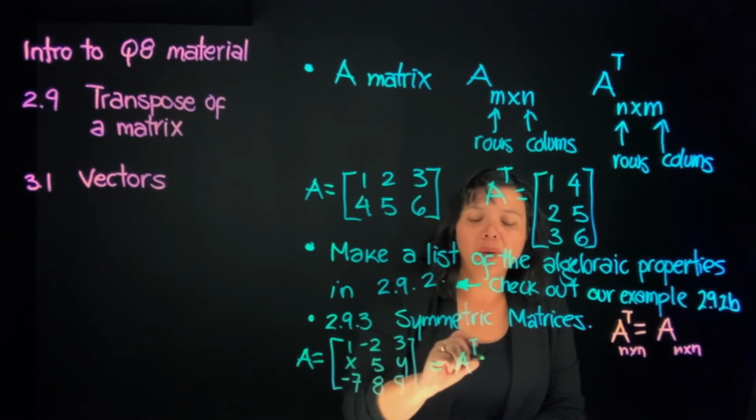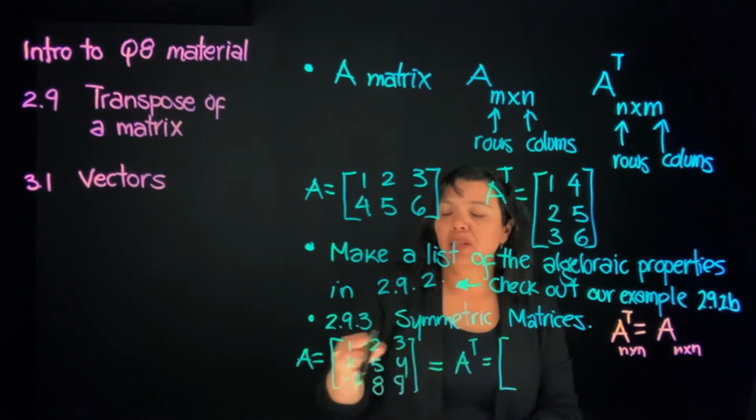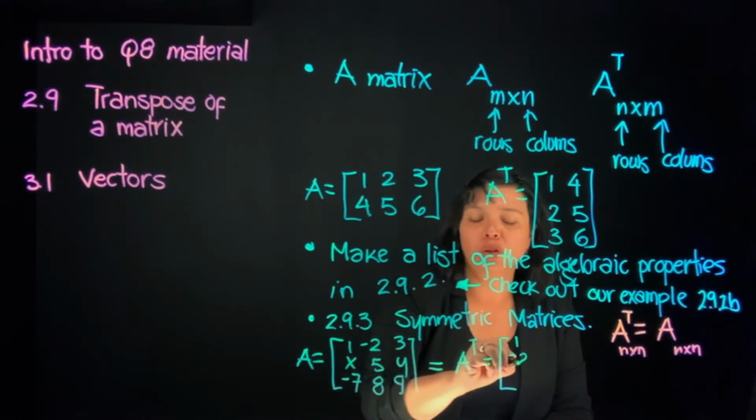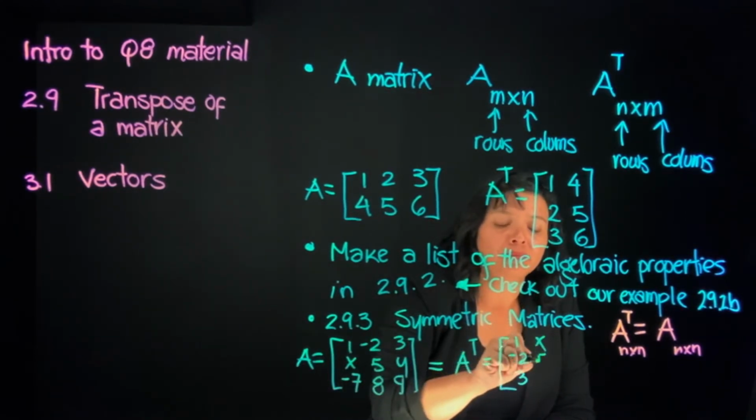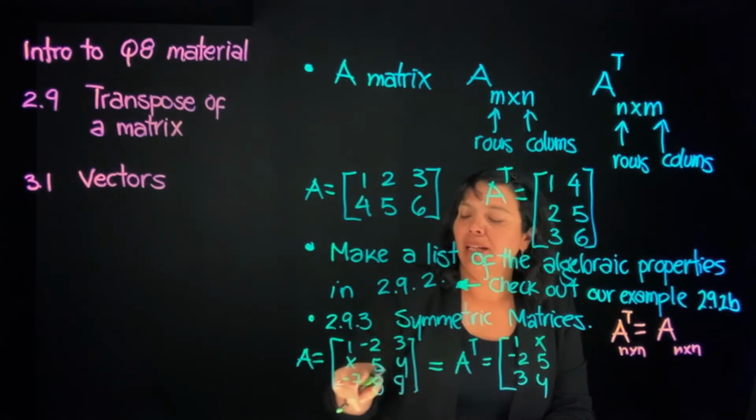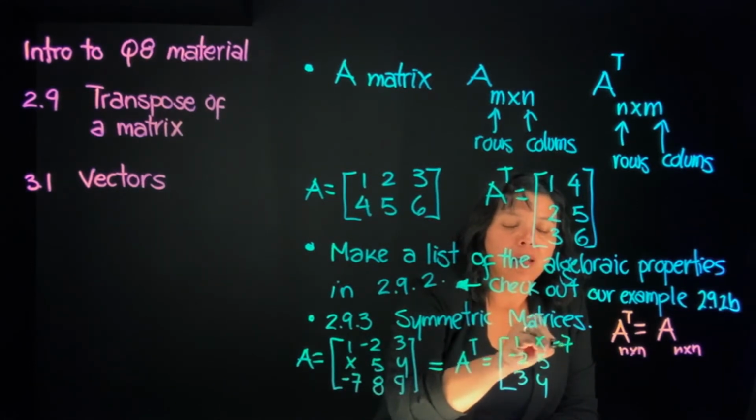What is A transpose here? Well, A transpose will be 1, -2, 3, x, 5, y, now as a column, and -7, 8, 9.